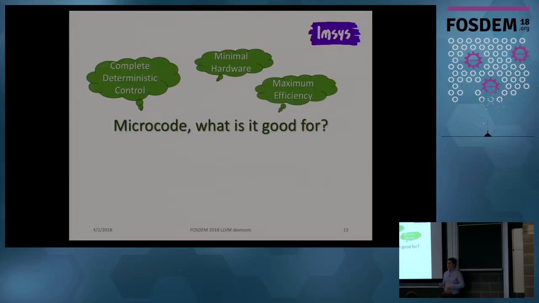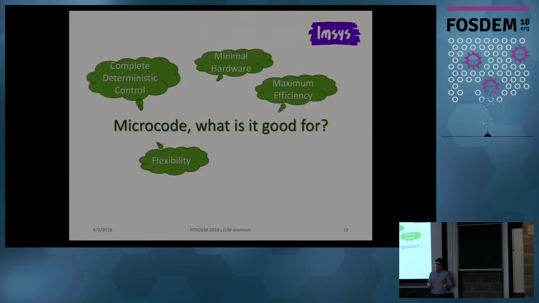Also, since we implement different features in the microcode with direct tight control, the utilization of the actual hardware can be maximized. So we provide maximum efficiency with our hardware. Microcode also means flexibility. We can implement any kind of computation in microcode, which makes our processor core a multi-purpose device.